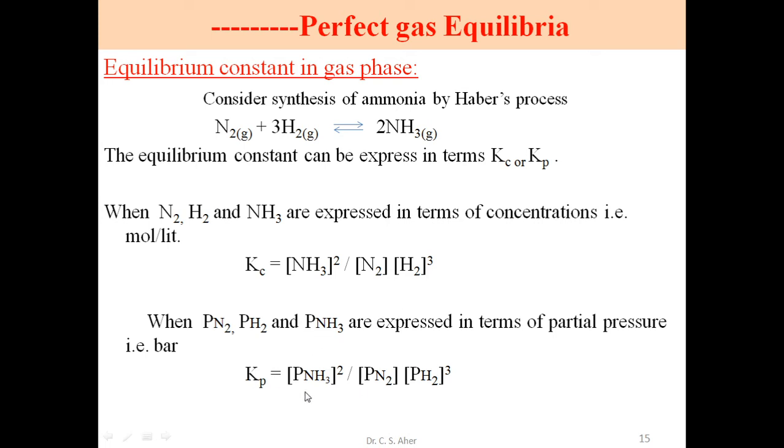So when we are given concentration terms, we use the Kc equation. If we are given partial pressure, we use this equation for calculation of the equilibrium constant.